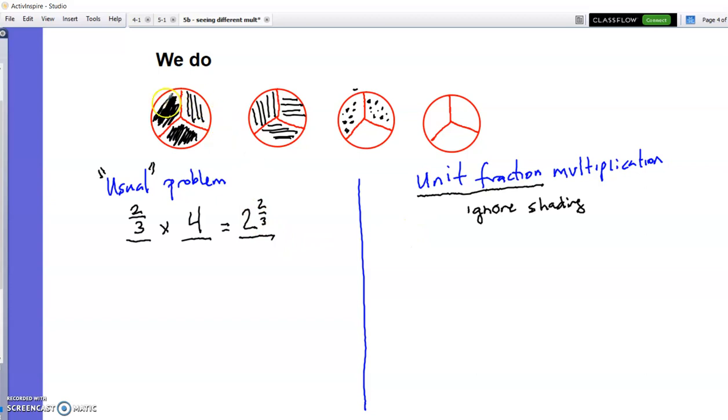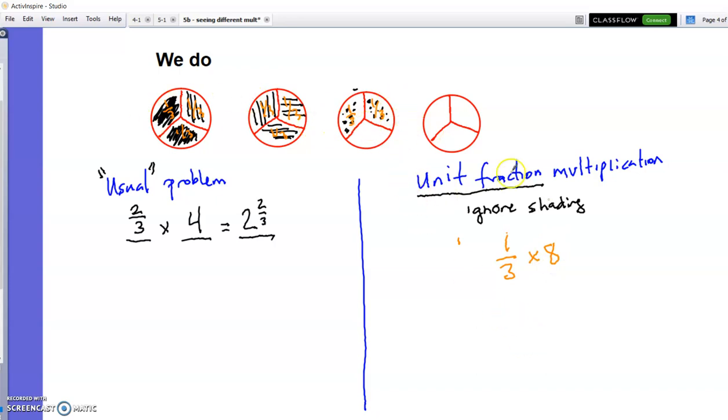So when I do that, I see 1/3, 1/3, 1/3, 1/3, 1/3, 1/3, 1/3, and 1/3. So if I ignore the shading and just look at all the 1/3s separately, I see a different question. I see 1/3 times how many times? 1, 2, 3, 4, 5, 6, 7, 8.